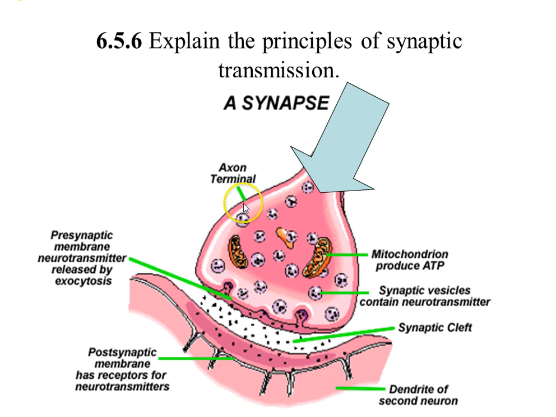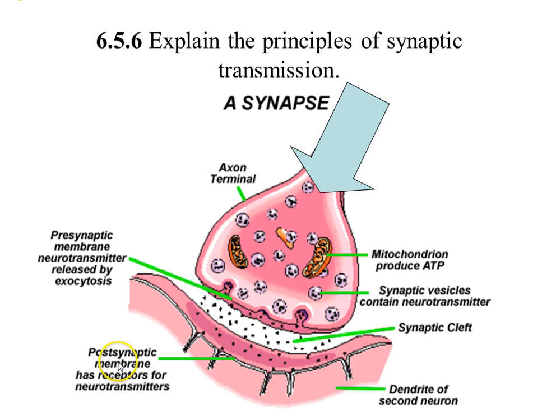Just as a quick review, this is an axon terminal. This is the dendrite of the next neuron. We've got mitochondria that make ATP, which allow these vesicles that contain neurotransmitters to go through exocytosis, emitting the neurotransmitter into the synaptic cleft.